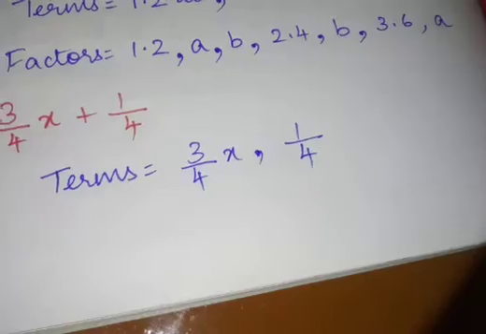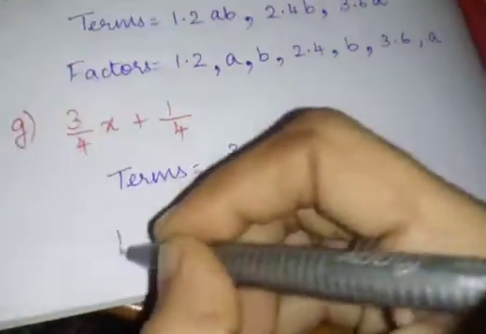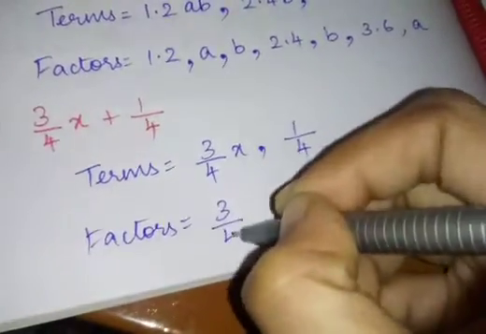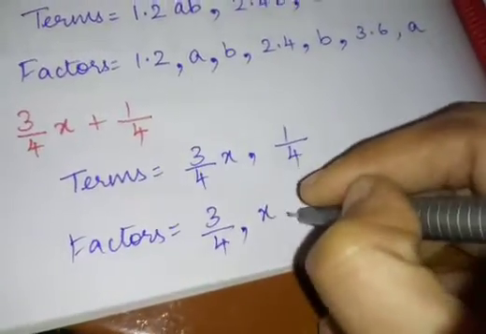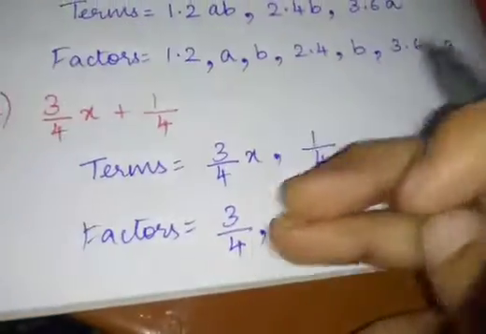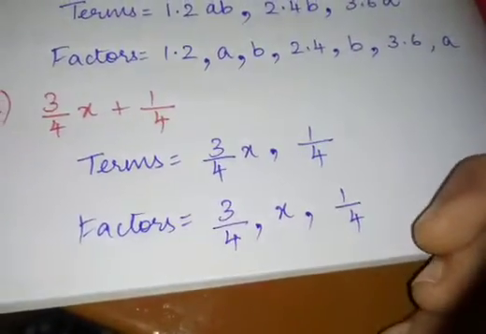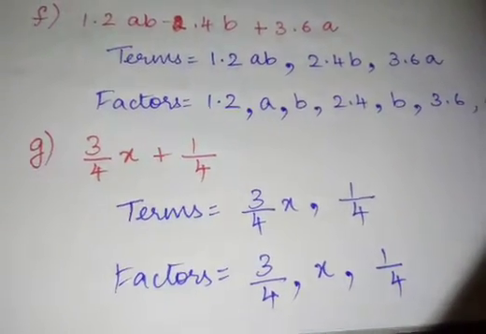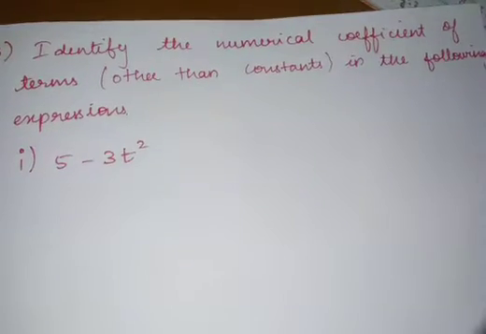Yes, 3 by 4x comma 1 by 4. So what are the factors? 3 by 4 comma x comma 1 by 4. As usual, separation. H problem is your homework. Understood?